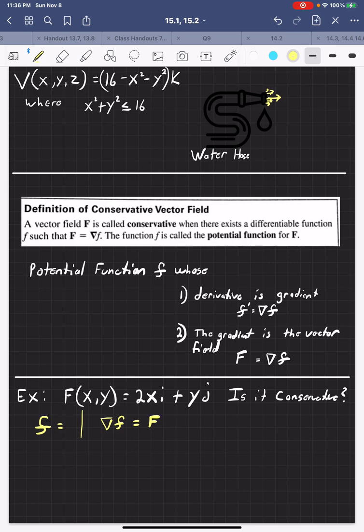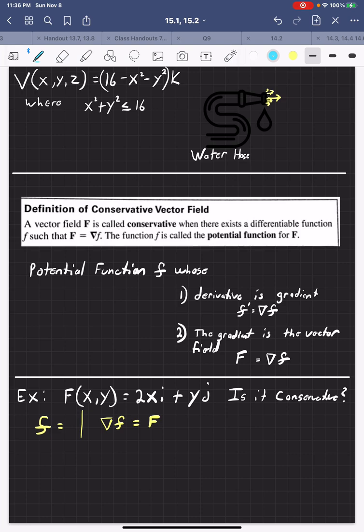Now, when we get back from the break, I'm going to show you how to test for if it is a conservative vector field. But then I want to show you how we go about finding this potential function.